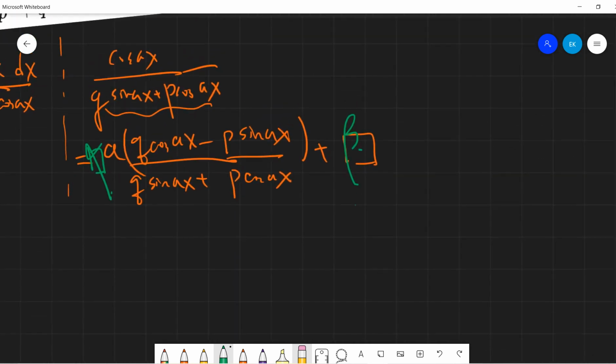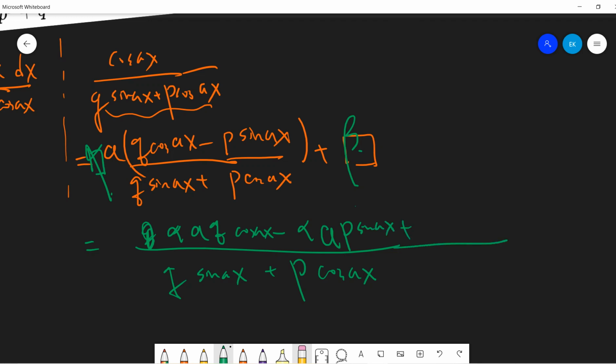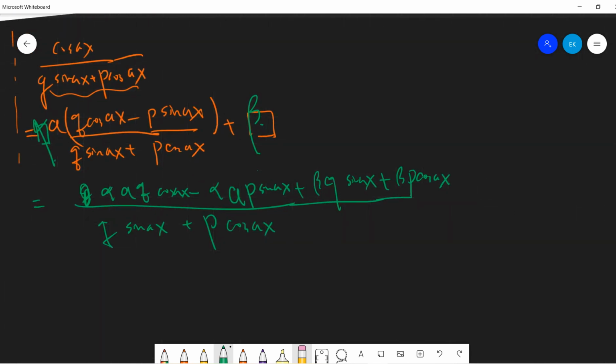That means I can write it as q sine ax plus p cosine ax, and then alpha a q cosine ax minus alpha a p sine ax plus beta p sine ax plus beta q cosine ax, and this should be cosine, right? So this should be cosine.